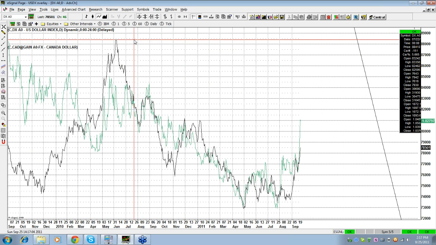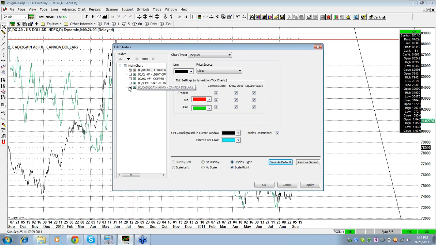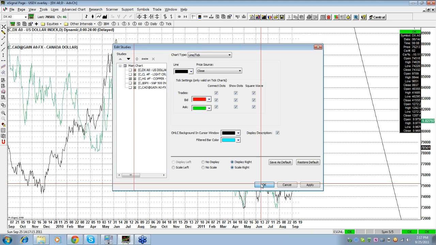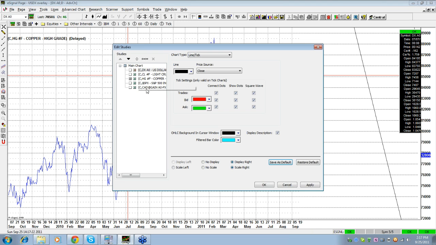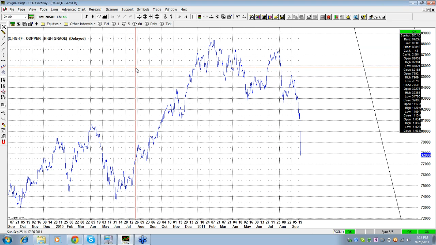Now, let's put copper back. This is copper. Let's put the Aussie on it. And you guys, the Aussie dollar, you guys are going to get surprised. This is the daily.